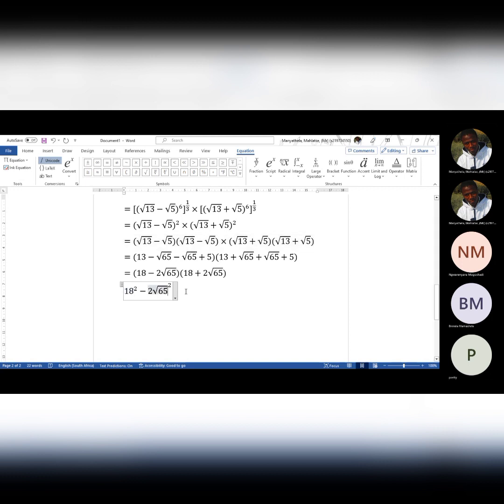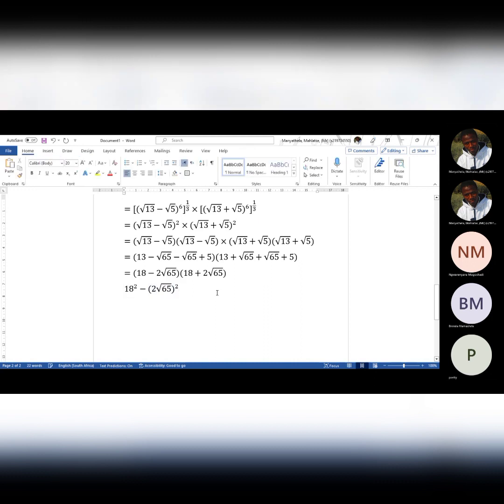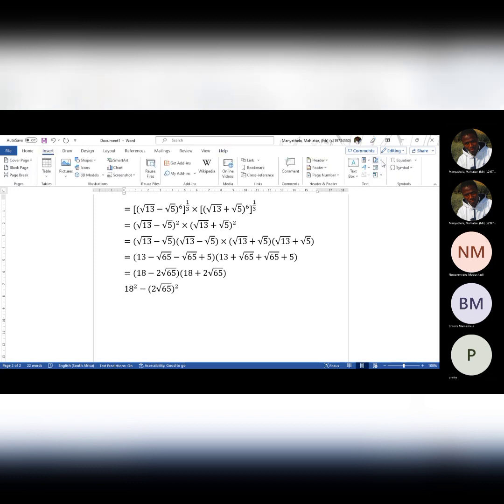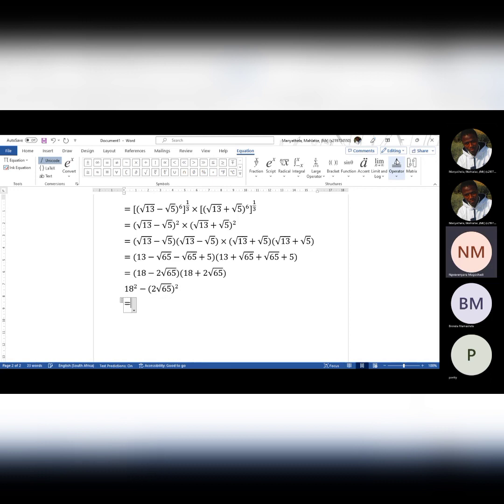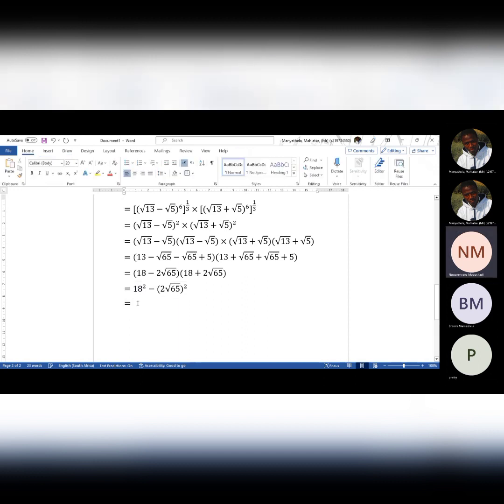I reckon my level is at least this thing. You can work it out. 18 squared to okay. 324. 324. Yeah. 18 squared to 324.